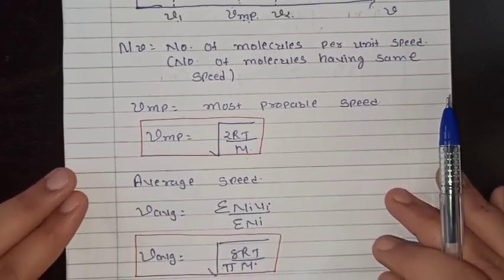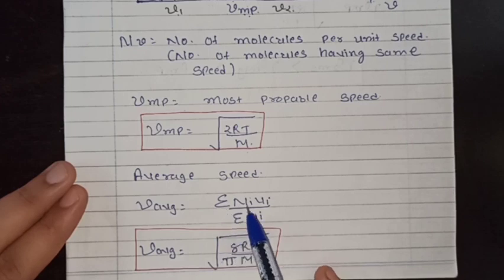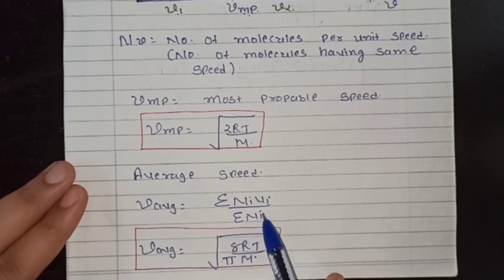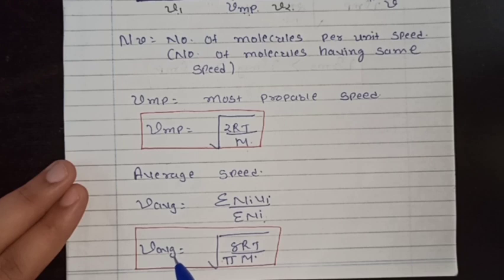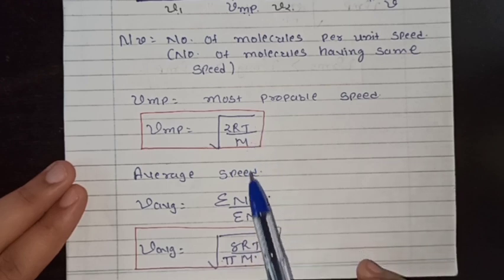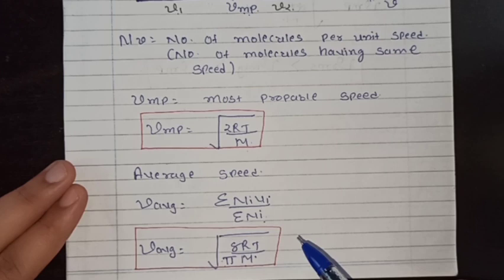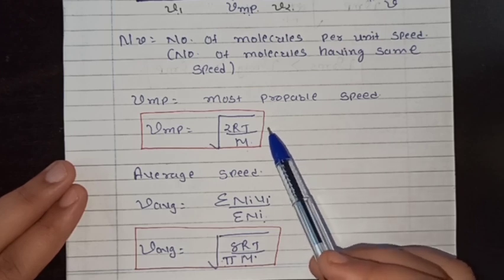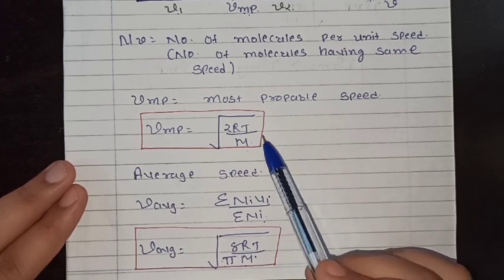The average speed will be summation of NiVi divided by summation Ni, that is the total number of molecules. If we use calculus, we can find the formula of v average is equal to under root 8RT upon pi M. Derivation of these two formulas is beyond our scope, so we just have to memorize them.